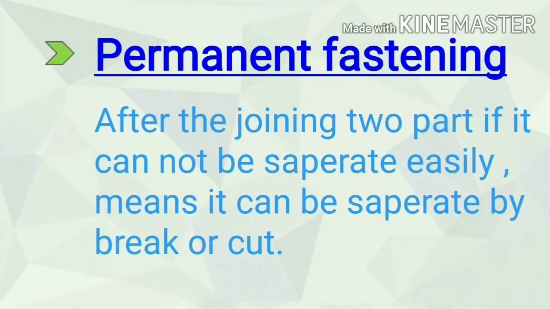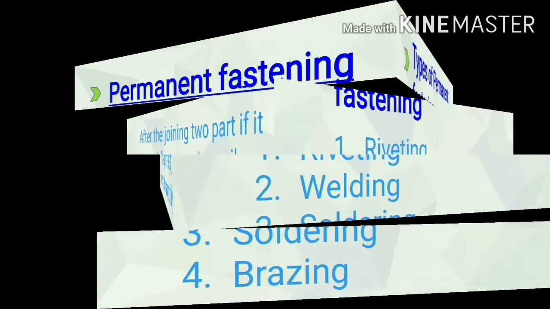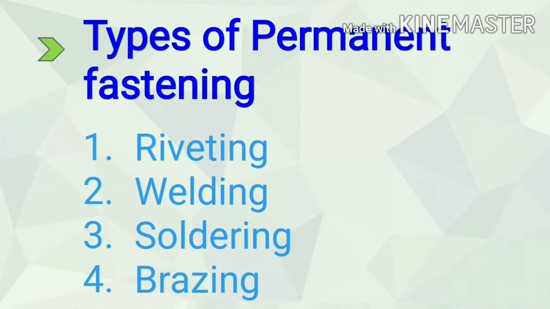Permanent fastening. After joining two parts, if they cannot be separated easily, meaning they can only be separated by break or cut, it is permanent fastening. Types of permanent fastening: Number 1, riveting. Number 2, welding.